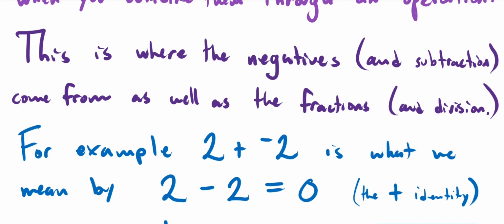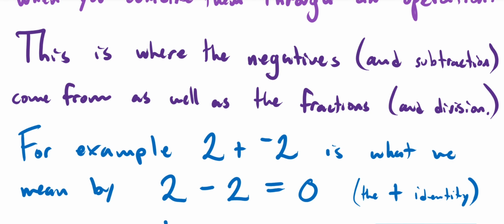For example, if I take 2 and I want to add something to it and get 0, there's no positive number that's going to do it. So we concoct these things called the negative numbers, the thing to which I would add 2 to give me 0. This is actually how we think about subtraction in higher mathematics: in terms of adding a negative number to something to get back to 0.